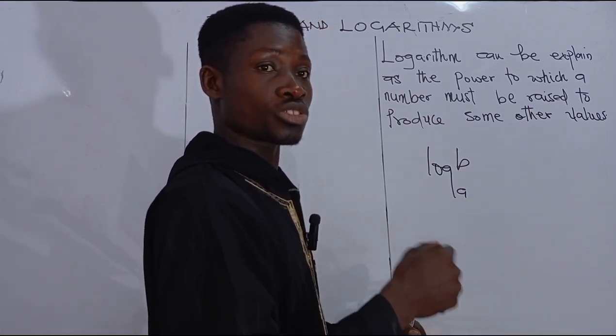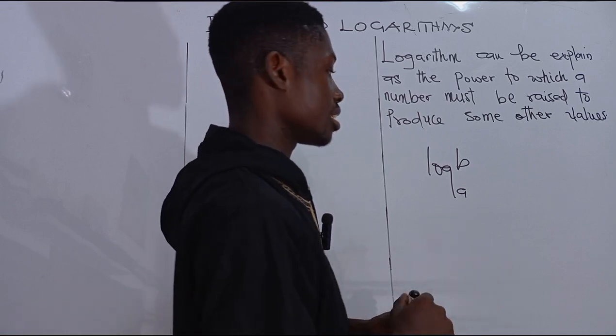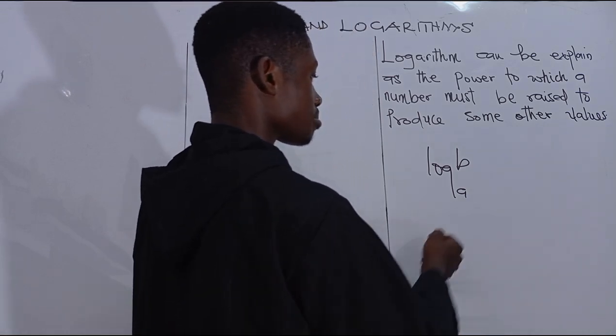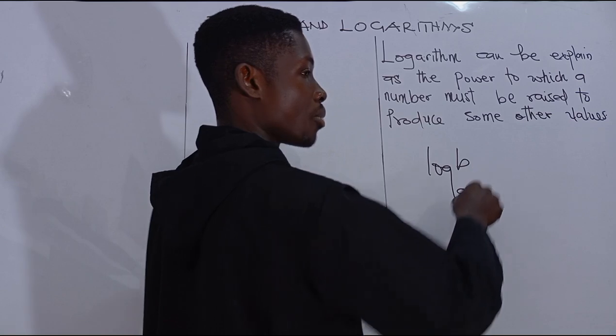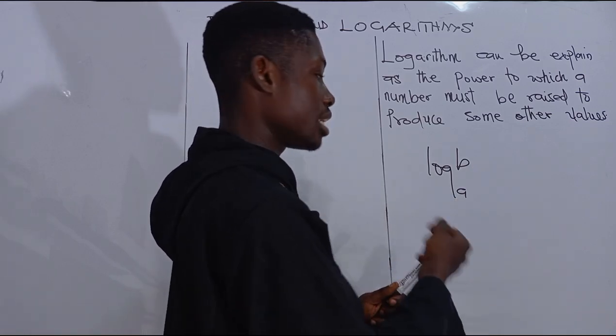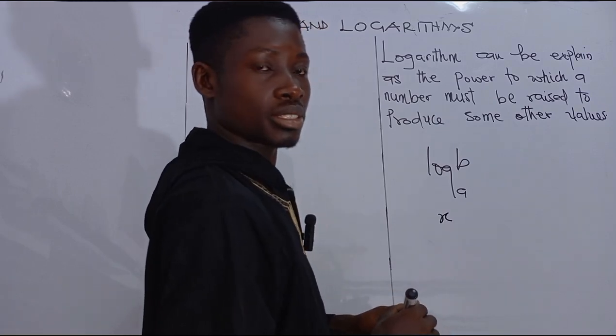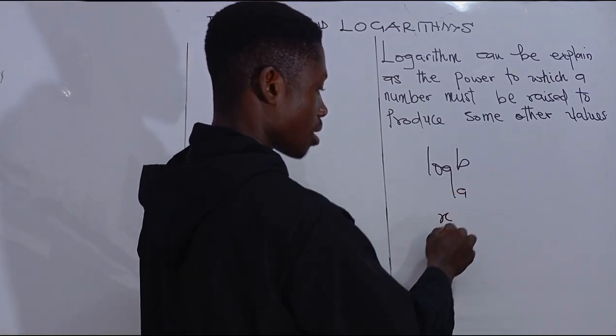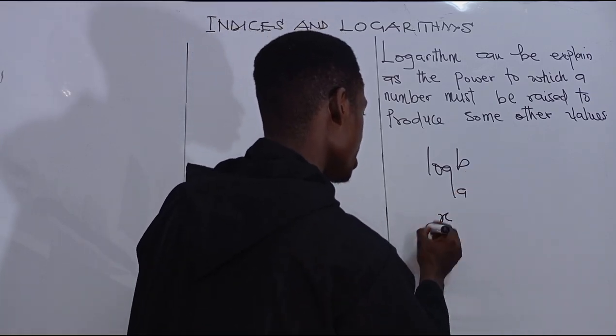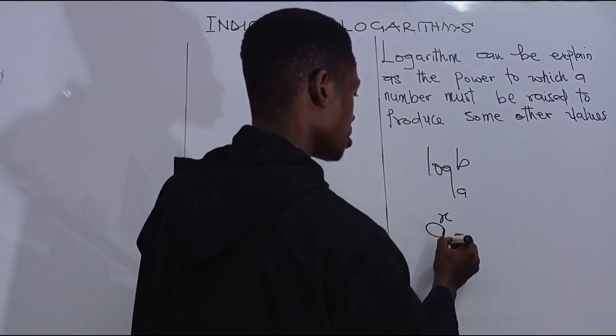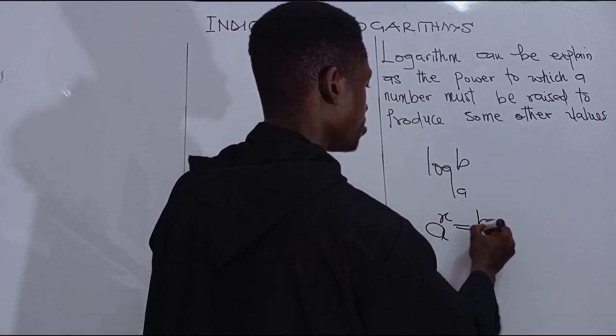Now translating this mathematically, we are saying that a raised to what power? We don't know that power. So let the variable x represent that power. So a raised to what power will give us b.